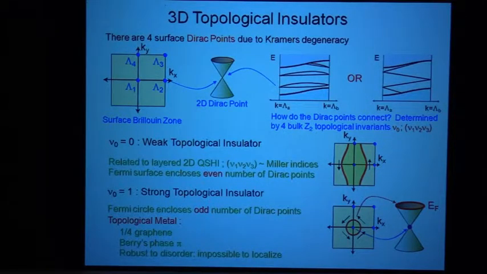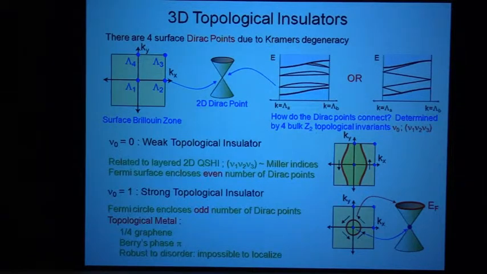It seems to me like you're characterizing information about the three-dimensional topological insulator just in terms of one of these surfaces. Is that right? No. I mean, these topological invariants are defined independent of the surface. So they characterize the bulk. And so what I'm saying is that the different possibilities that the surface can have are these.